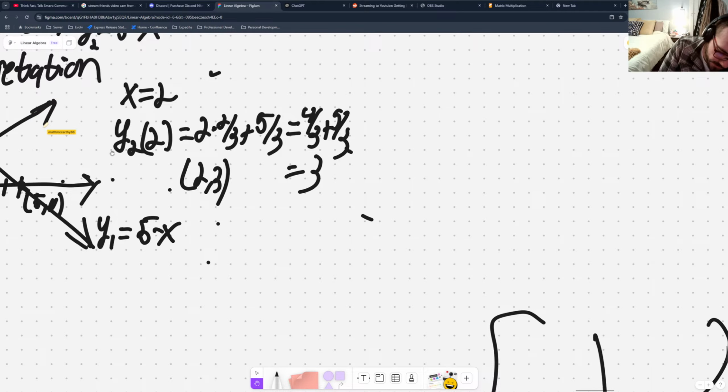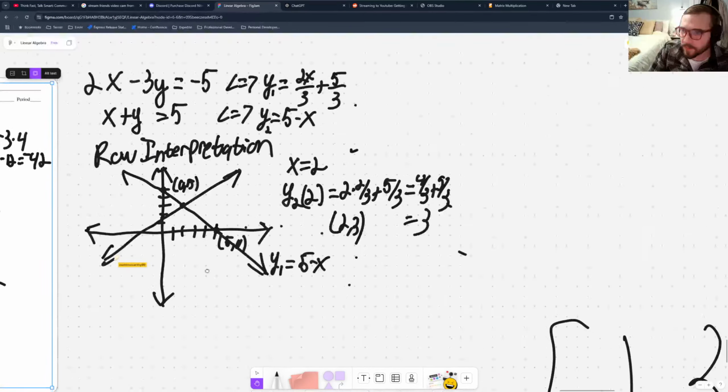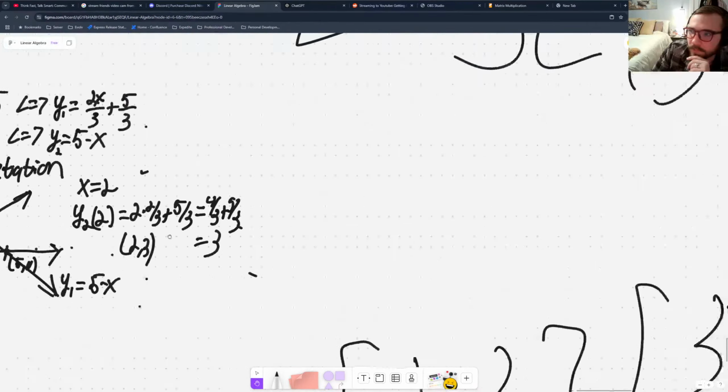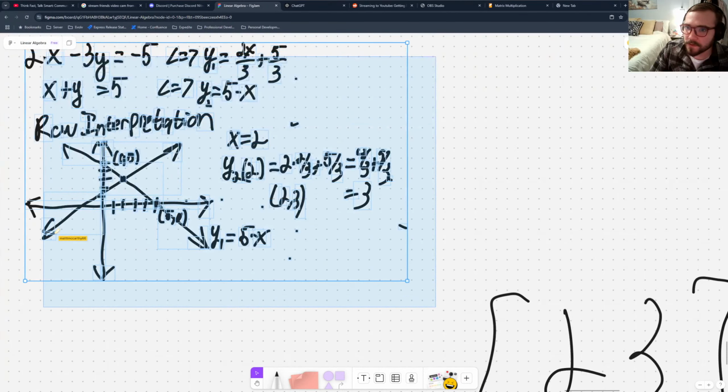And it just so happens that we found this. So this is pretty simple because the row interpretation is just exactly what we've done before, right? All right, let me move this somewhere else.